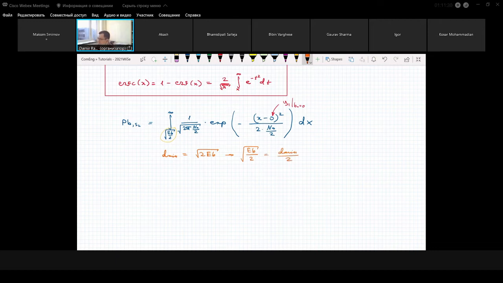So this is half of the minimum distance. As a result, you can simply replace the lower limit by d mean over 2, and this is equal to the integral expression of the probability of bit error as a function of d mean.